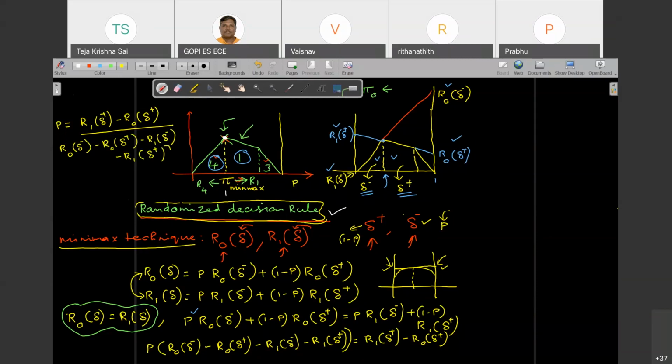Is it fine, or is there any change in the sign? Check and revert back to me.